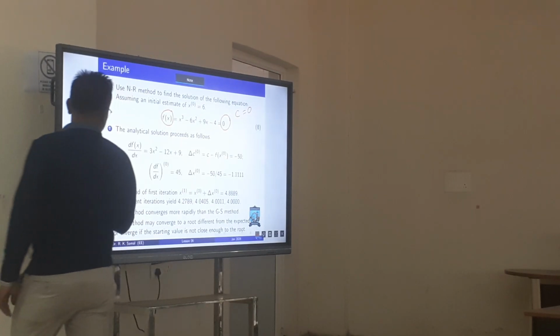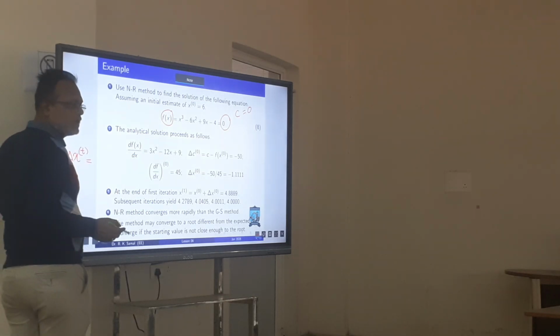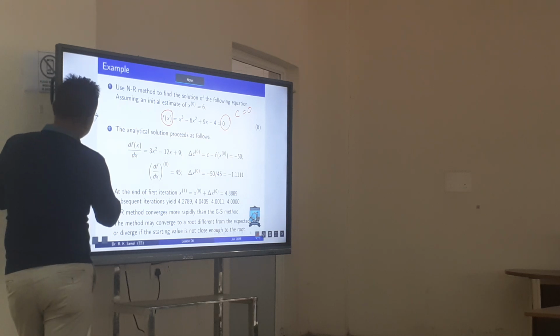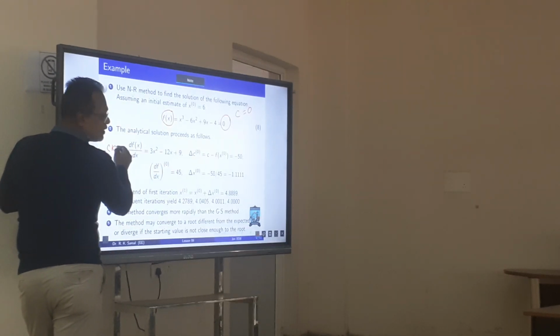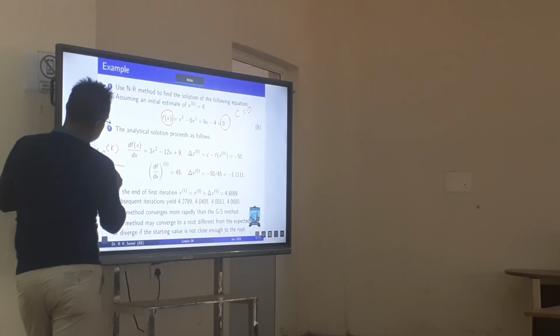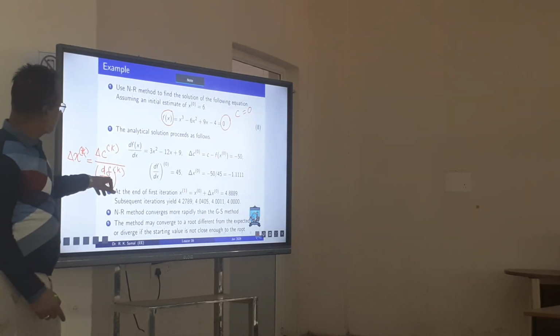Delta xk is equal to delta ck divided by the derivative. So we have to find df by dx.